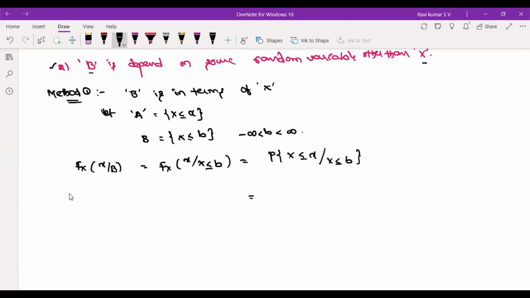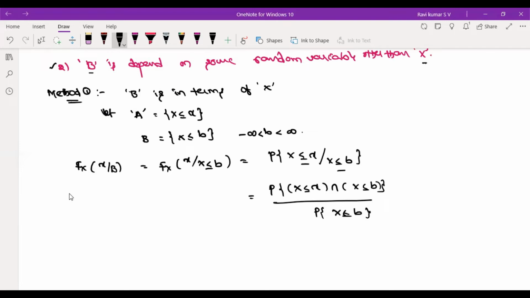So the probability of A given B can be used: probability of A intersection B divided by probability of B, that is, A intersection B divided by probability of X less than or equal to b.